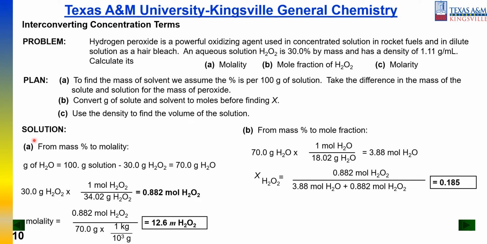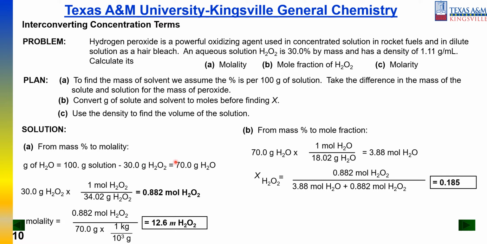Our solution for your question A, the molality calculation. First of all, you assume you have 100 grams in total. Your hydrogen peroxide is 30 grams, right? Your water will be 70 grams.